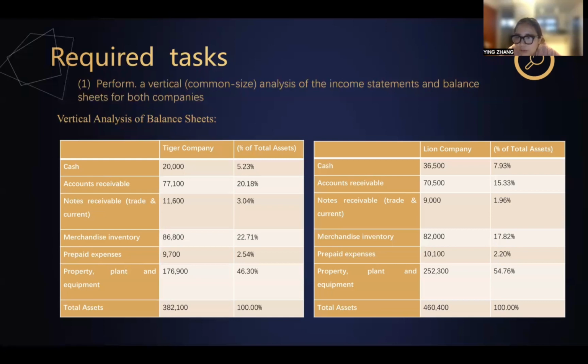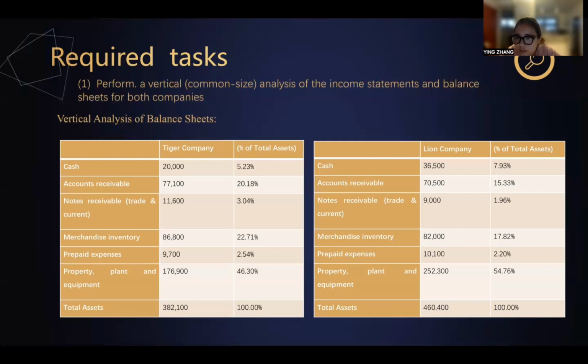In conclusion, the vertical analysis provides insights into the differences between Tiger Company and Loin Company in terms of sales, cost, profitability, cash management, and asset allocation.